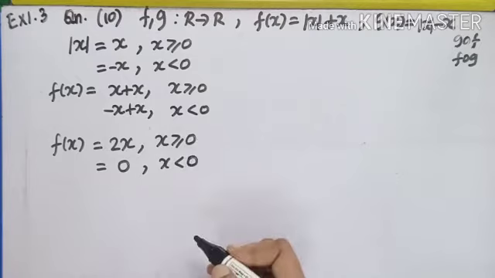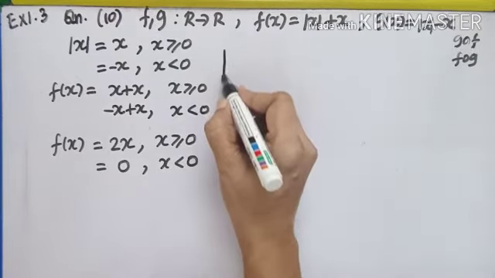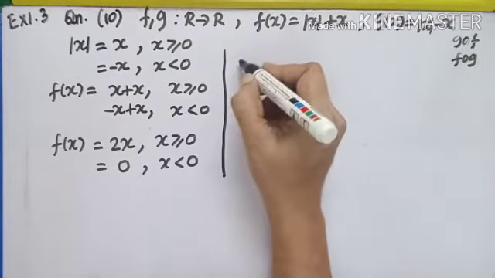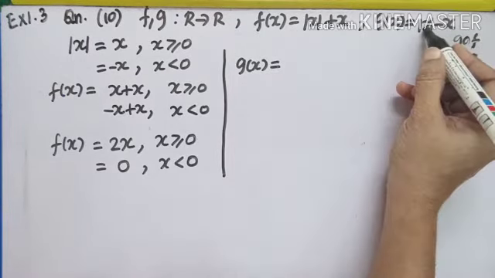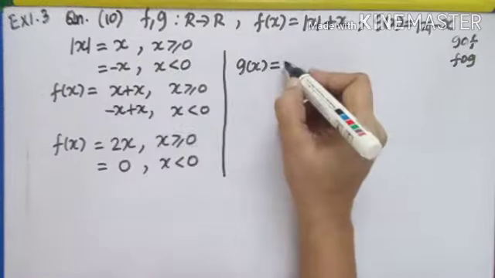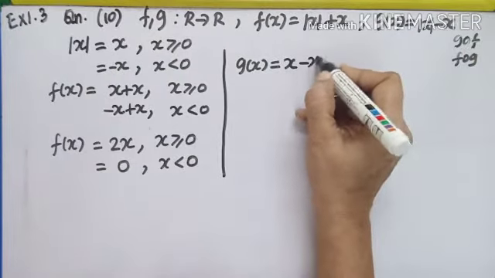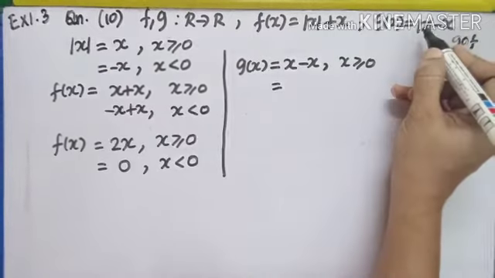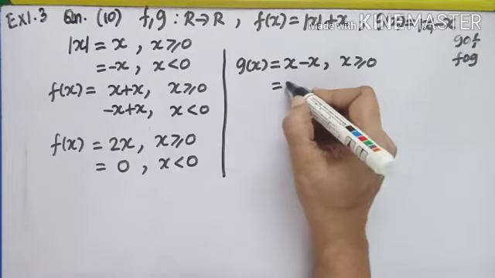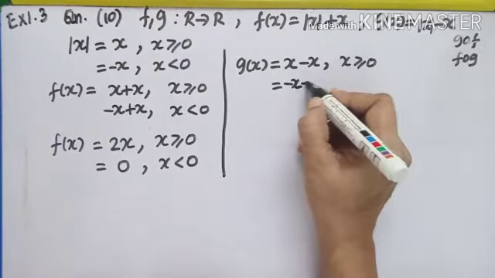The same idea we will go with for g of x. Mod x is x when x is positive, so x minus x, and mod x is minus x when x is negative, so there is a minus x here.